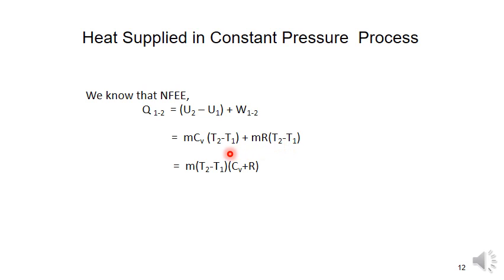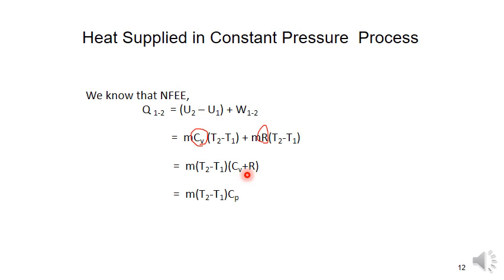In this we take m (T2 minus T1) common. Here is m (T2 minus T1), here m (T2 minus T1). After taking the common terms, the remaining terms are Cv plus R. We know that Cp minus Cv is equal to R, so I am writing this in terms of Cp.